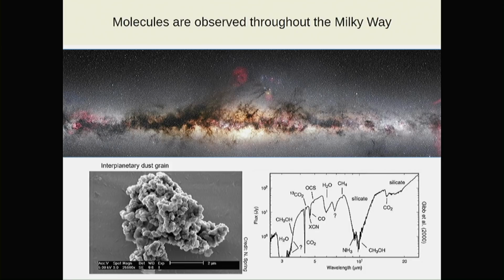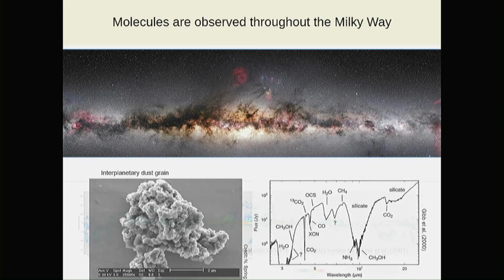You can see the silicates as well; that's evidence of the actual dust grains themselves. So we can identify a limited number, maybe a dozen or so, of these simple molecules in the solid phase, but in fact most of the molecular material that we detect is found in the gas phase.